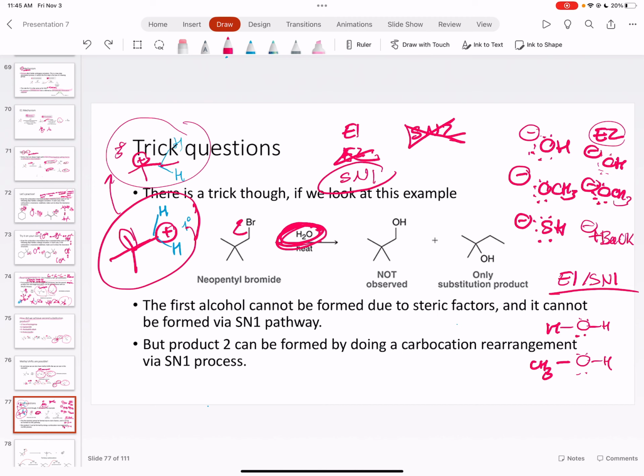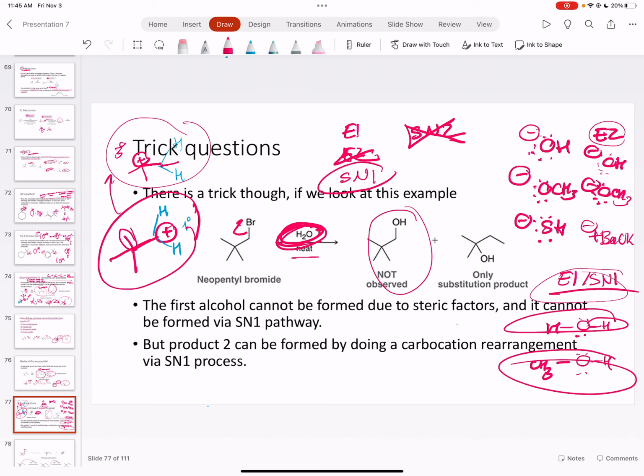So then those are kind of the reasons why this one is not observed. Just because we already explained that E2 and SN2 normally happen on negatively charged things, while E1 and SN1 happen on things that are a little bit more stable.